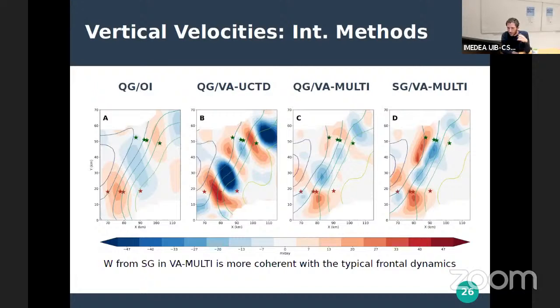In any case, both OI and variational analysis use 15 kilometers for the horizontal scales and 35 for the vertical ones, especially because the transects were separated by 17 kilometers.